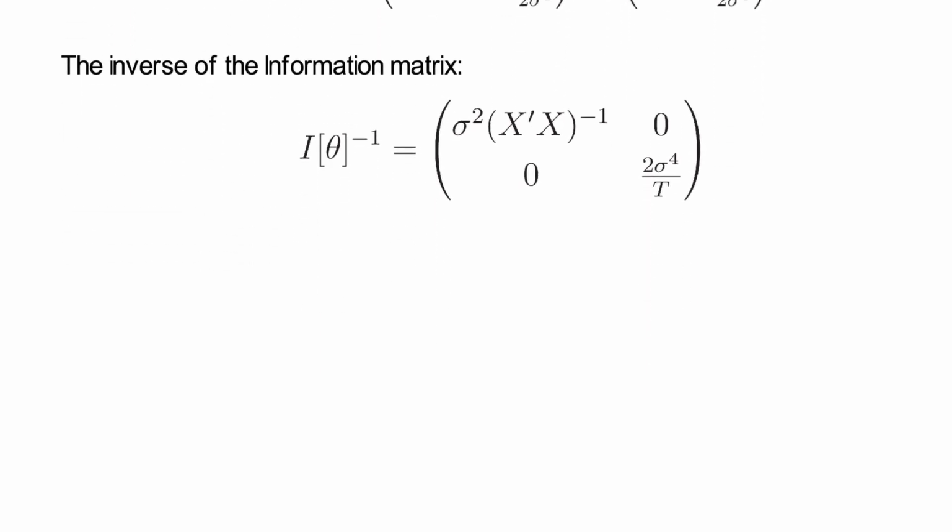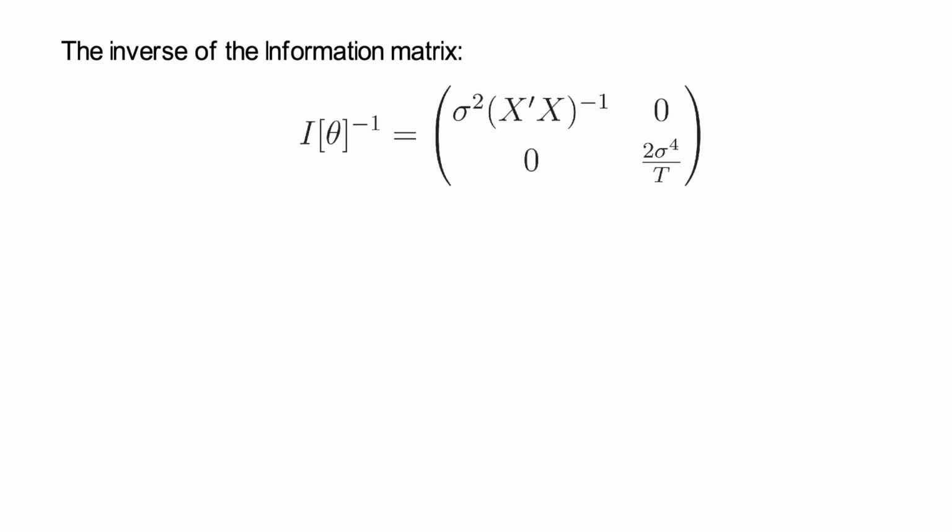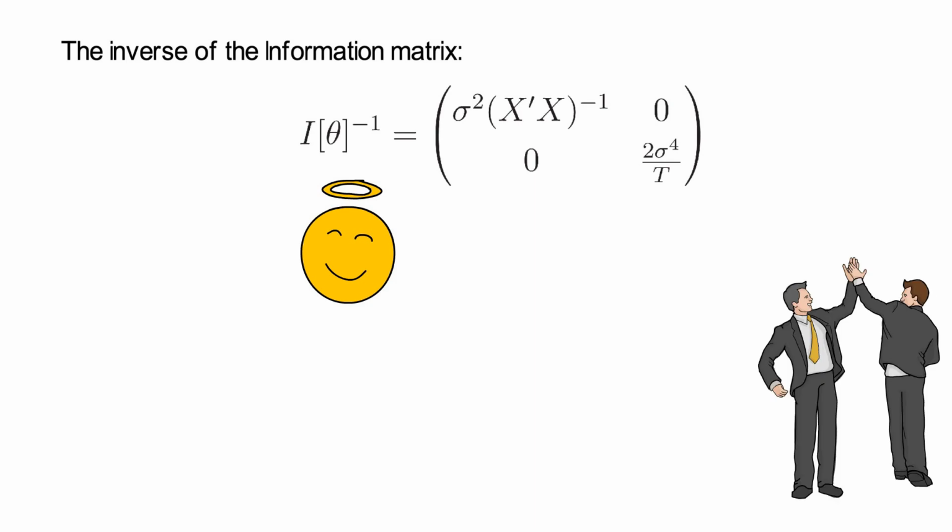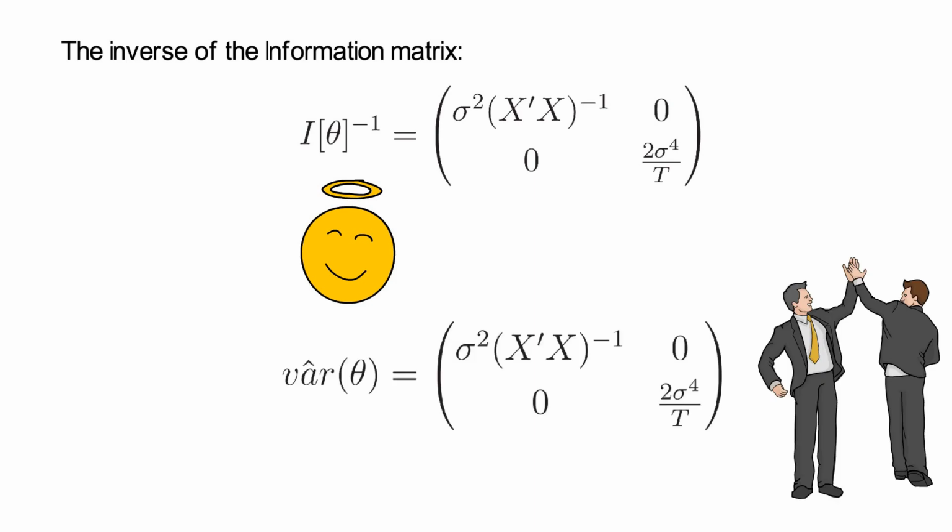Since that was so much work, let's just be proud and write it down once again and celebrate that the variance for the ML estimate is simply the diagonal matrix with sigma square times x prime x to the minus 1 as the first element and 2 times sigma to the power of 4 over T as the second element.